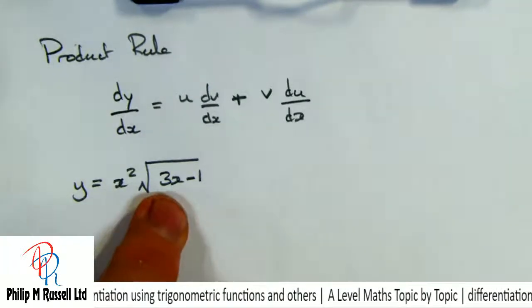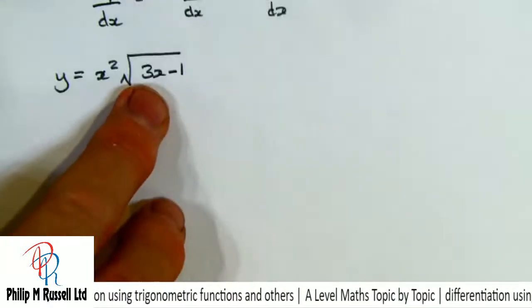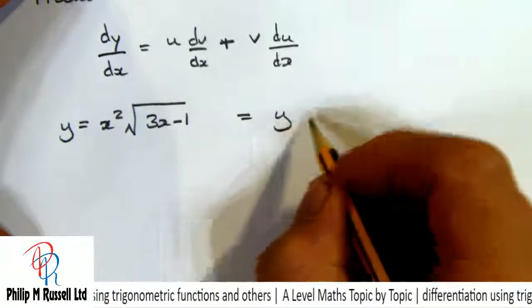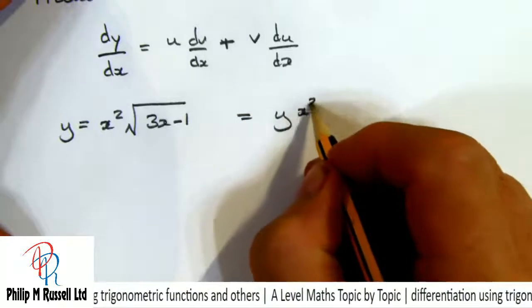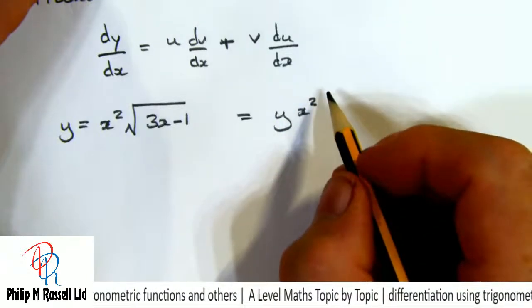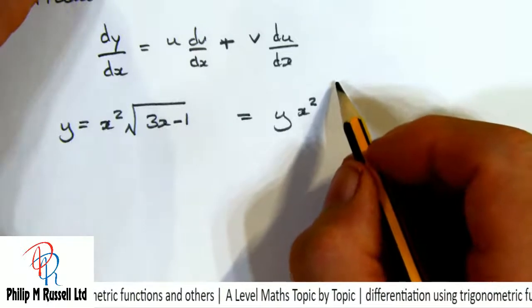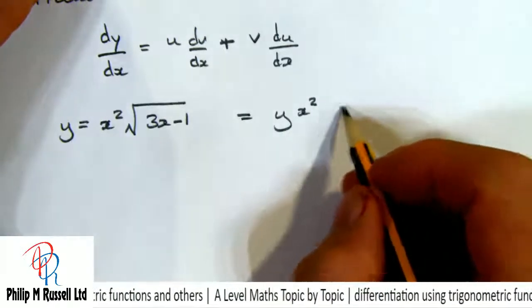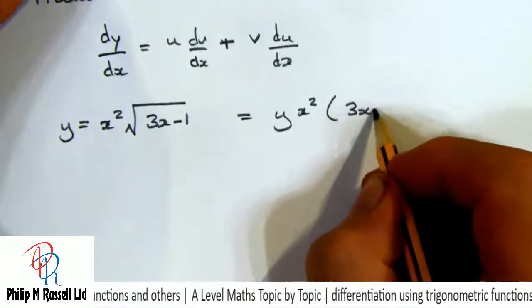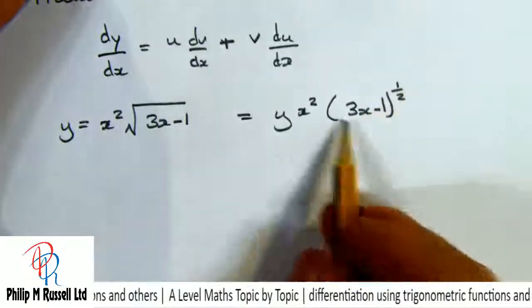This of course isn't in a nice format, so let's get this in a nicer format. So this is going to be y equals x squared times this nasty bit, which is 3x minus 1 to the power of a half.